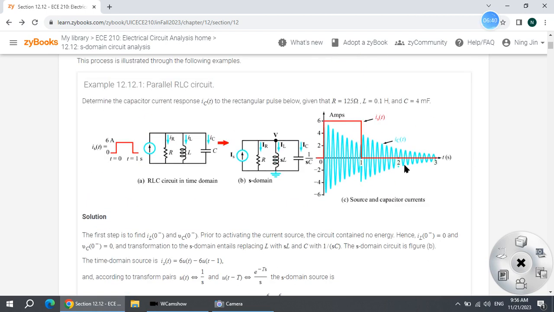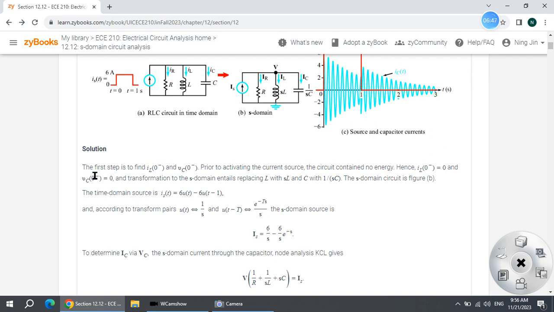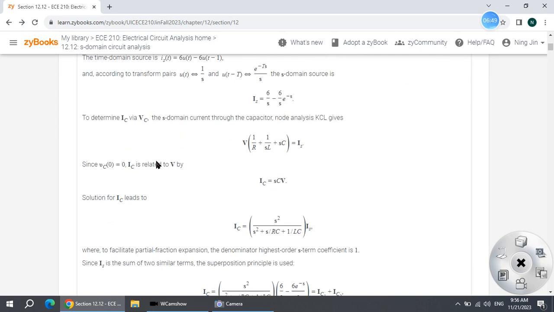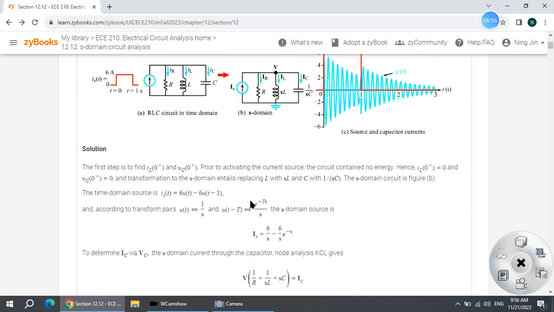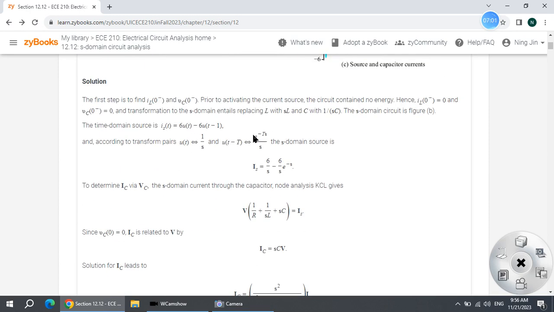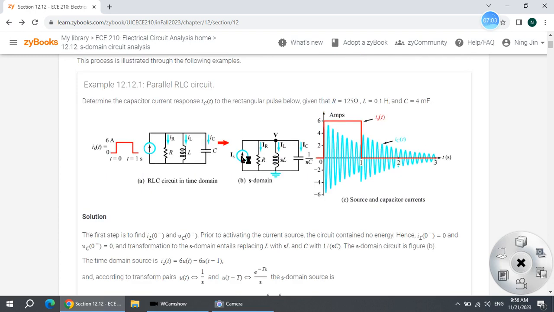Actually, here the graph gives us the final answer. We will see the answer later. Now, how to solve it? Here we can have the equation. We start from the equation. Let me copy the circuit in the S domain onto my paper, and then let me explain.